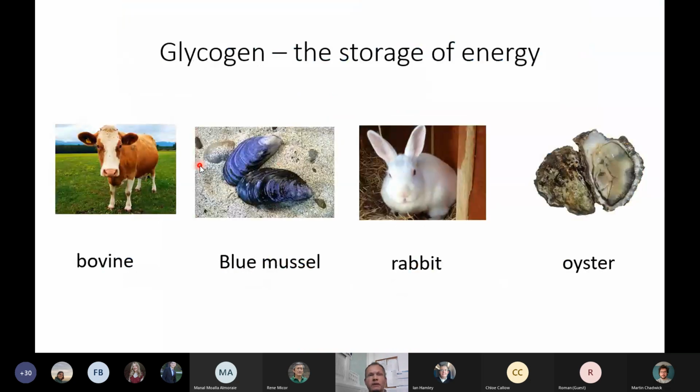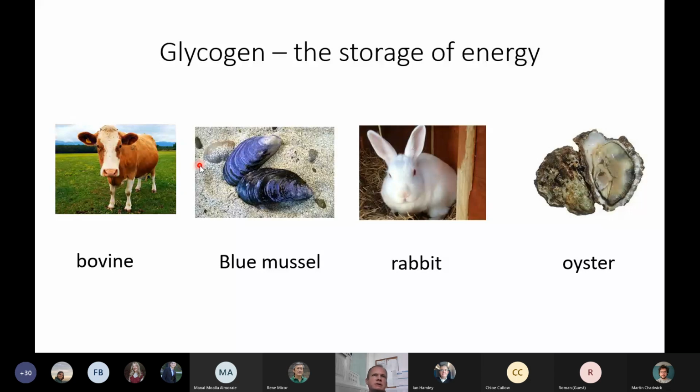So let's apply this trick to a very interesting object, glycogen. Glycogen is a branched polysaccharide structure that is basically the storage of energy. Glycogen helps us to do sport, to make some physical activities.